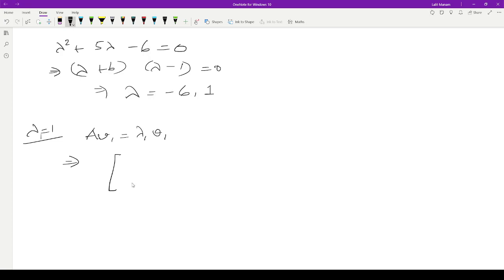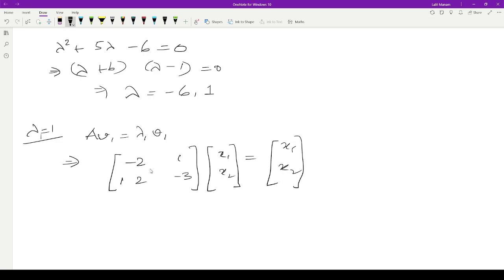If we rewrite the whole matrix, then v1 will contain x1 and x2. Lambda 1 is 1, and so we have again here 1 times x1, x2. If we solve this, we get x1 by x2 equals 1 by 3.